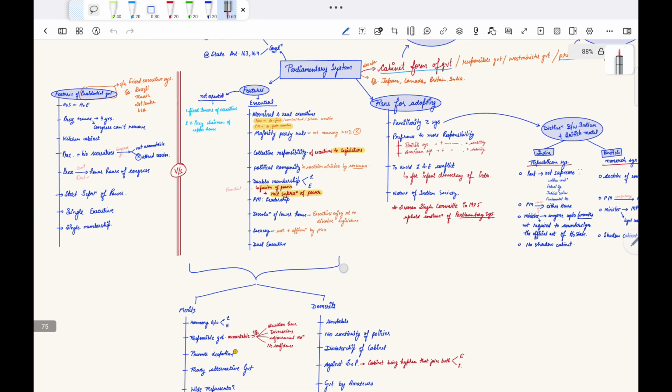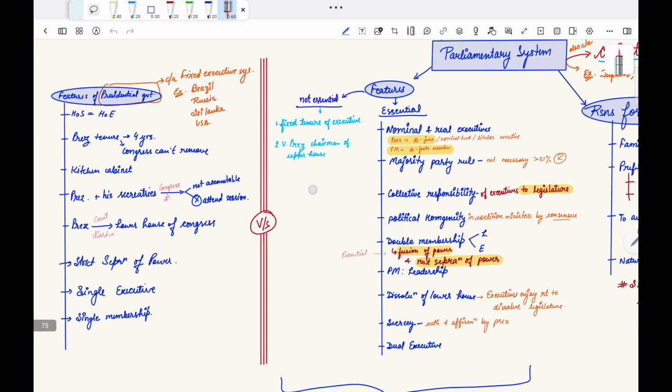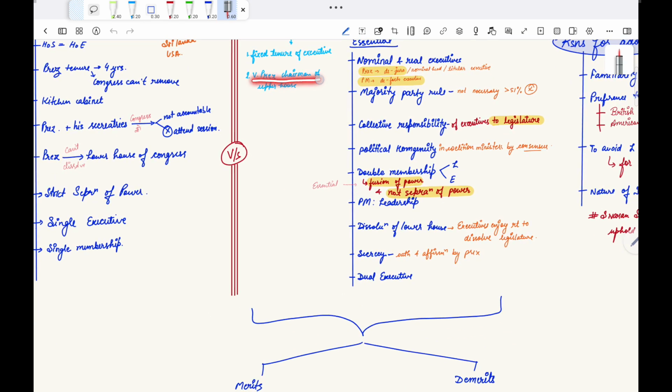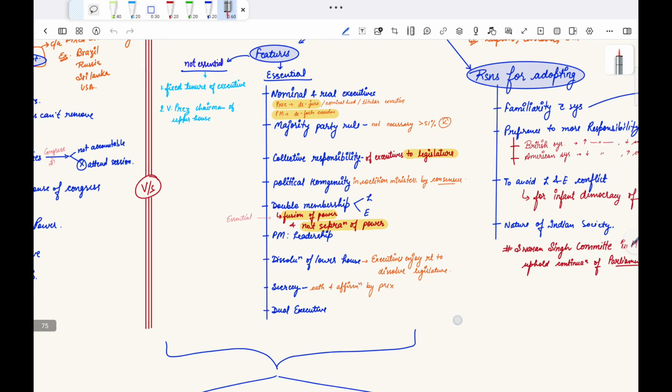Talking further about the non-essential features, we have fixed tenure of the executive. In India, we have a fixed tenure of 5 years, but that is not necessary in the case of any presidential form of government. Next is the vice president as the chairman of the upper house. This feature is also followed in India, but it is also not essential.